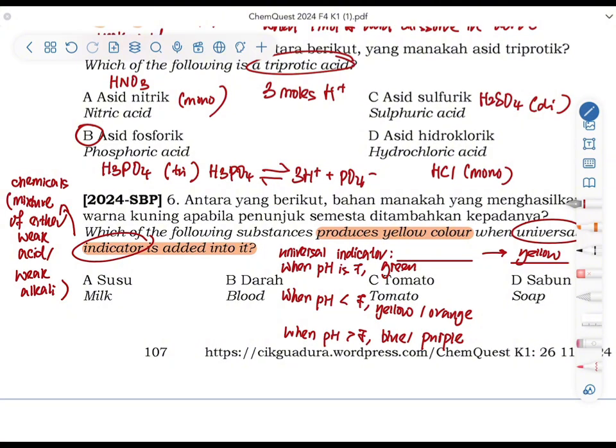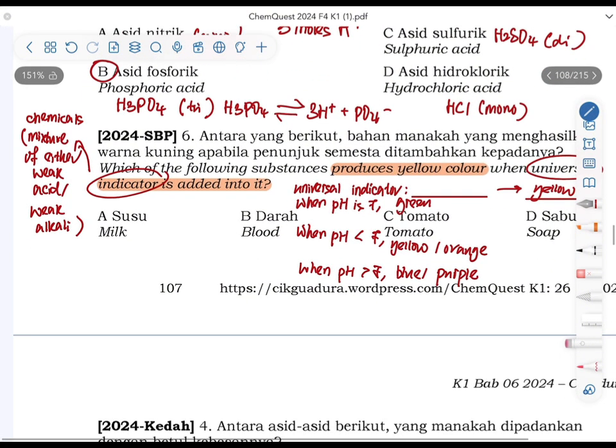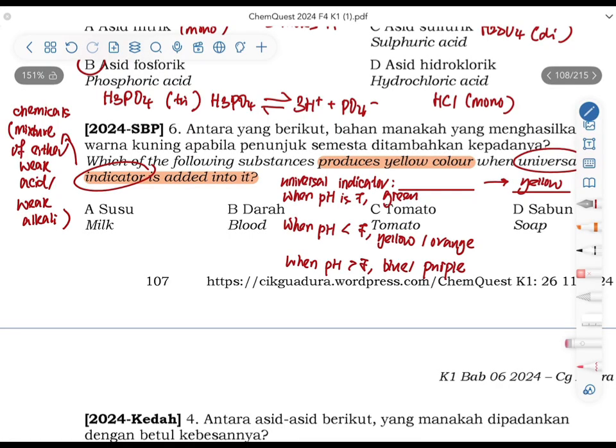Since we already said that when the pH is less than 7, the universal indicator will turn from green to yellow, in this case we need to choose the answer C. For A, it is not acidic and also not alkaline.